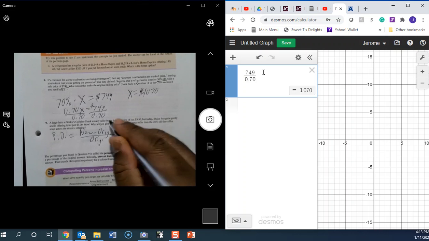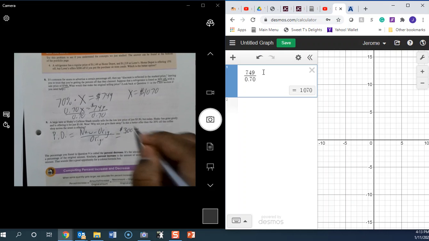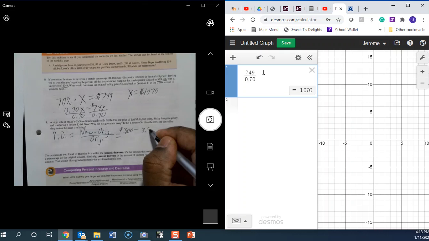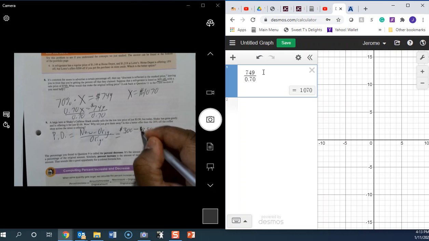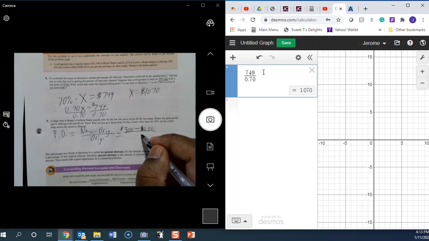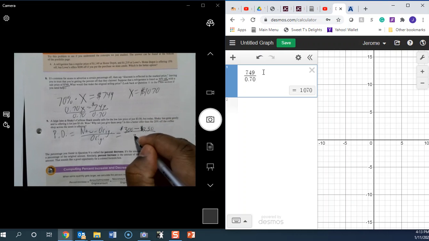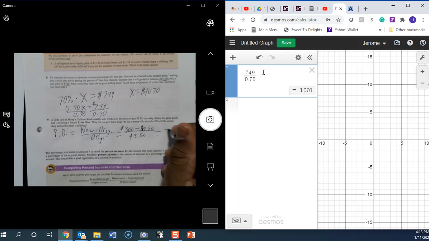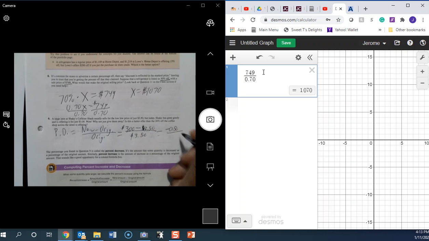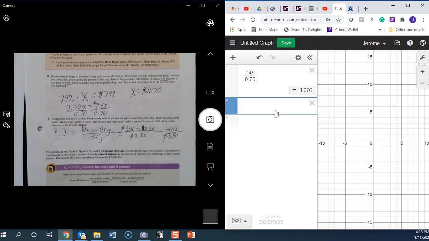Let's do Shakey's. Minus the original cost, $3.50, divided by the original, which would be $3.50. So this would give us a negative 0.50 over 3.50. Now, let's put this in the calculator.